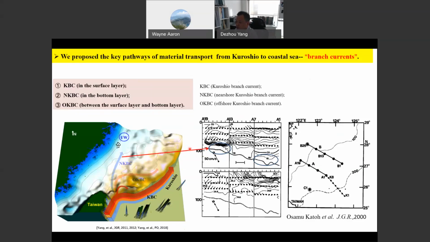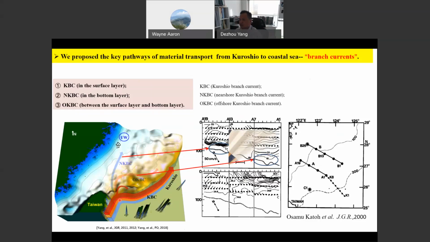So if we do some cross-section, we will find the bottom water at the nearshore station is colder than the temperature at the offshore station, because this water came from the deep layer. This one came from the middle layer.